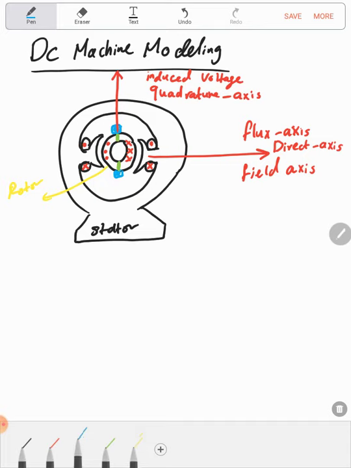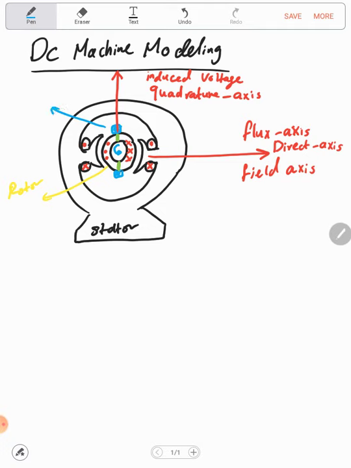Now, while the rotor is rotating, still the axis, the D axis, is pointing toward this point all the time. And because of the using of the brushes, all the time the induced voltage is pointing toward this axis.